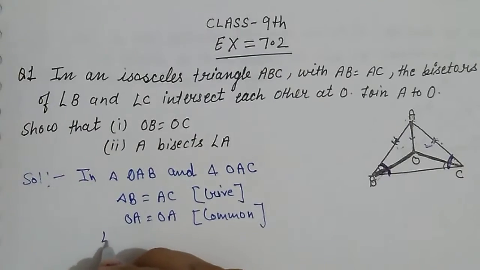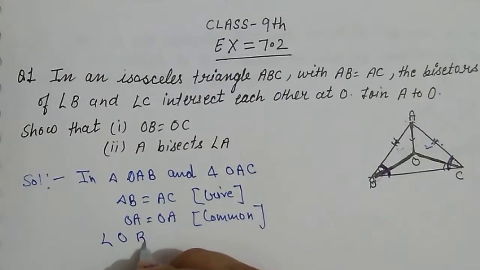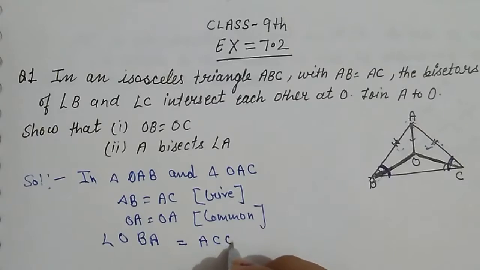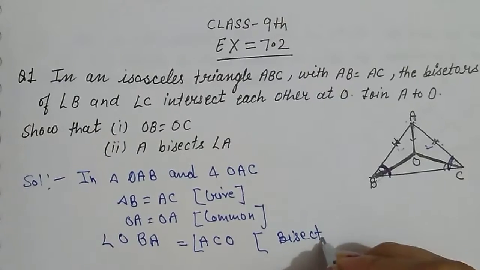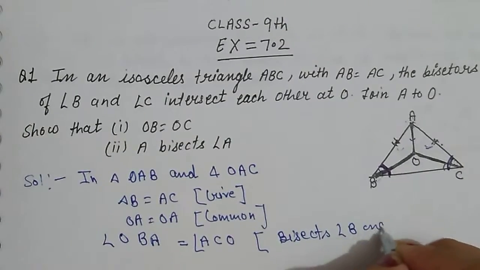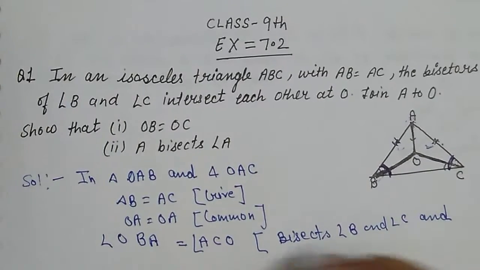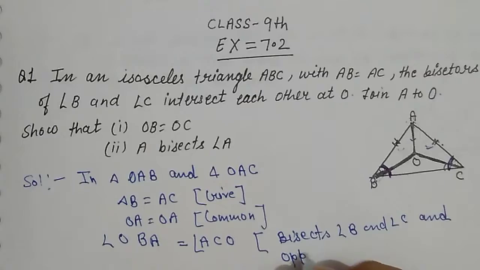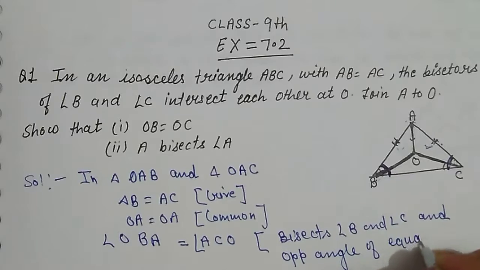So angle OBA is equal to angle ACO. Why? Because of the bisectors of angle B and angle C, and by the theorem: angles opposite to equal sides are equal.